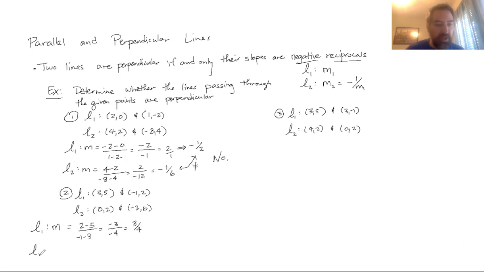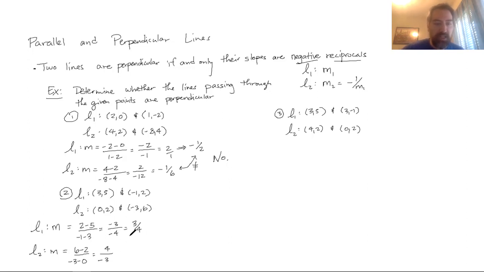And the slope of L2 is the difference in the y values, 6 minus 2, which is 4, over the difference in the x values, -3 minus 0, which is -3. I'll write that out here: 4 over -3. Are these two lines perpendicular?